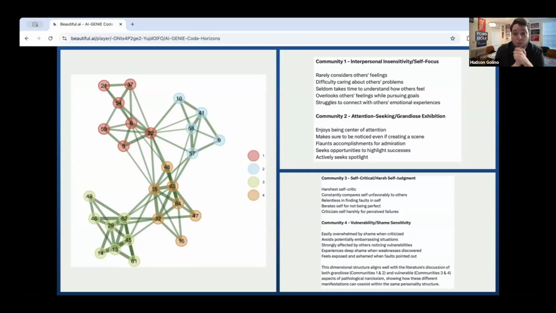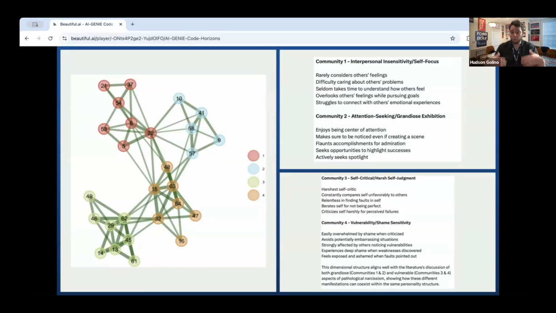The other one is attention-seeking and grandiose exhibition. Both communities 1 and 2 here, represented by nodes red and blue in the network, represent grandiose narcissism. Community 3 and 4, self-critical and harsh self-judgment, and vulnerability, shame, and sensitivity, represented by communities green and orange, are part of the vulnerable type of narcissism.